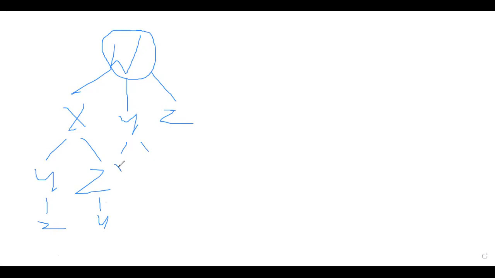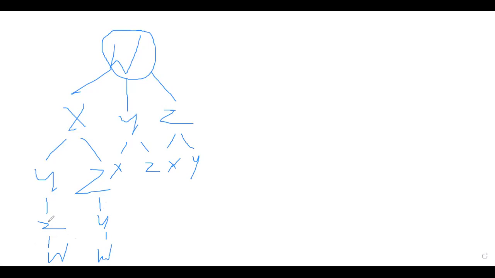From Y, we will have X and Z. From Z, we will have X and Y. And this continues. After reaching all the cities, you will need to return to W.